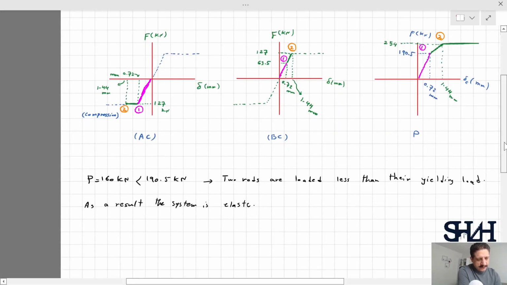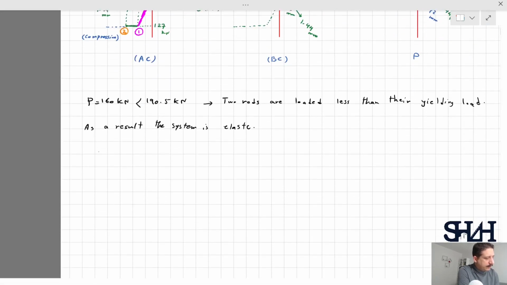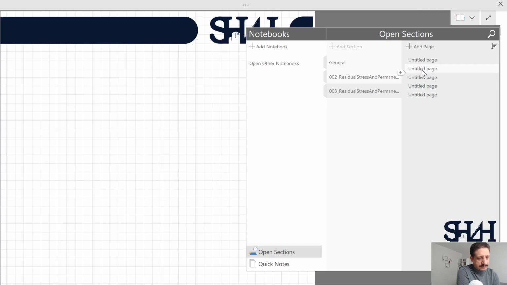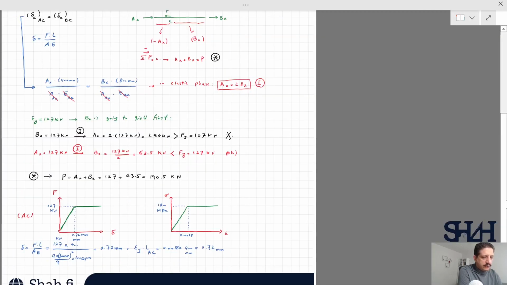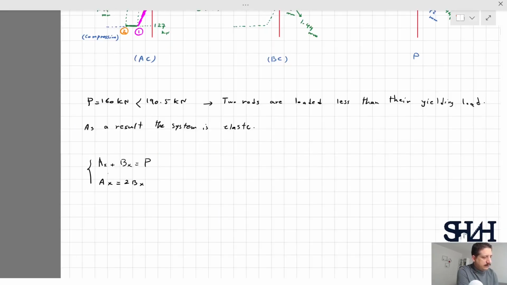We can also sketch what would happen to each element. If you remember, AX plus BX was supposed to be P, and we also had the relation between these two in the elastic phase: AX was going to be 2 times BX. So now we have the load, which is 160 kilonewton, so AX plus BX will be 160, and AX is 2BX.